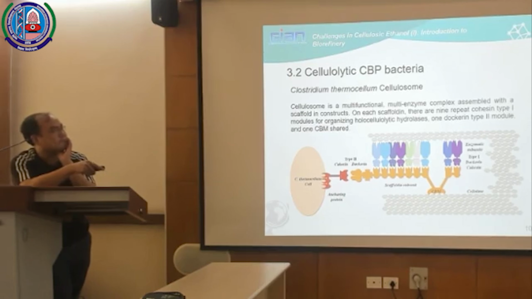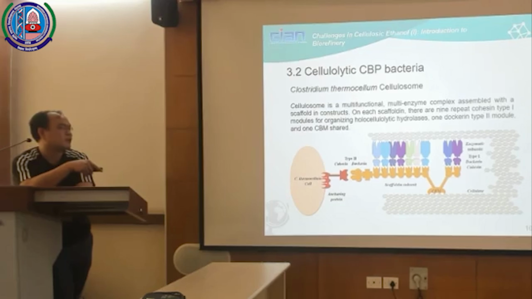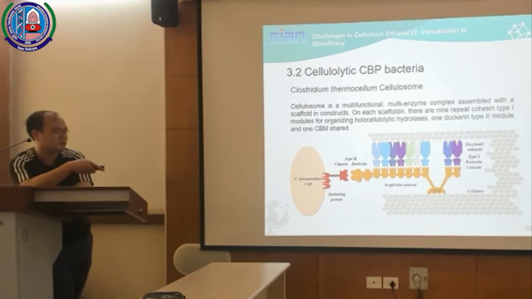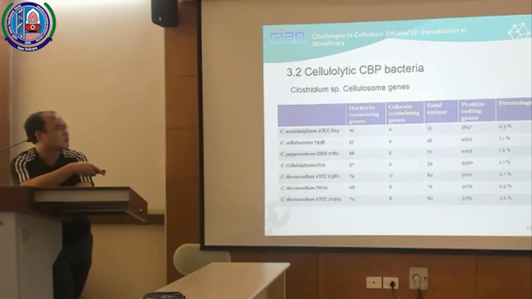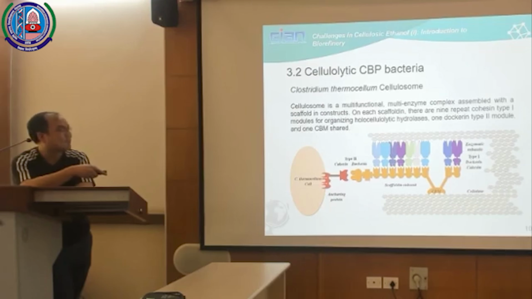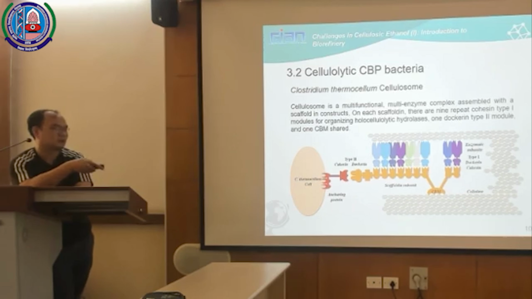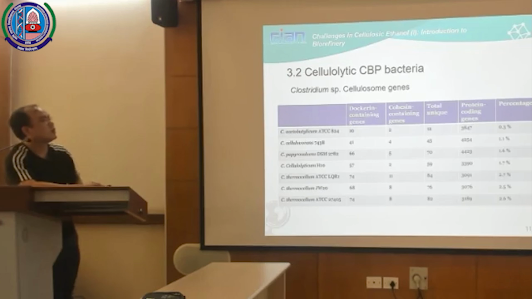This cohesin accommodates and organizes cellulosic hydrolases. And there's a type 2 cohesin docking. It is used to connect with the bacterial cell. For each cellulosome, there is 1 CBM. They share 1 CBM for docking on the substrate surface.